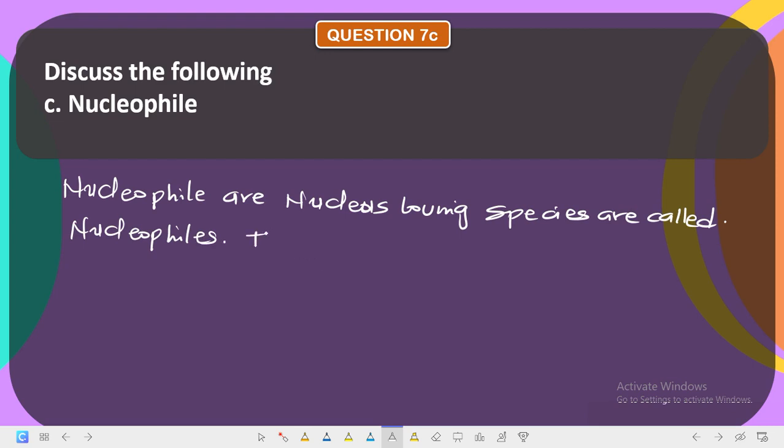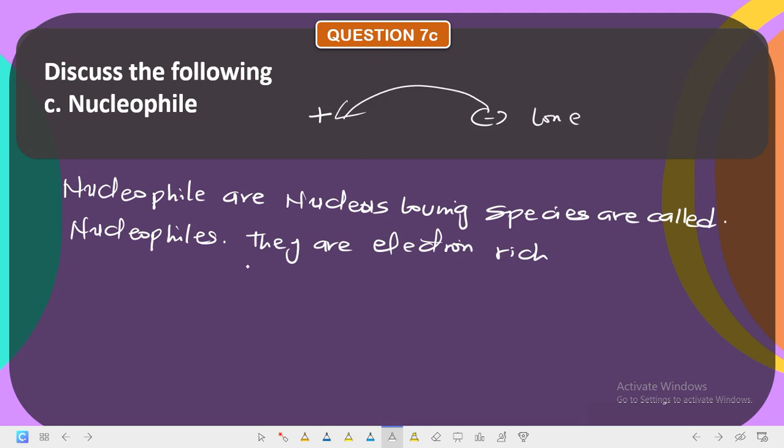They are electron-rich. Now, you agree with me that the nucleus, according to the postulate by Ernest Rutherford, is positively what? Charged. So if they are nucleus-loving species, it means that because the nucleus is positively charged, they are what? Either negatively charged or they have what? Lone pairs of electrons before they can attract a positive charge.